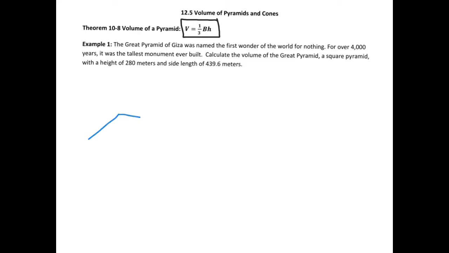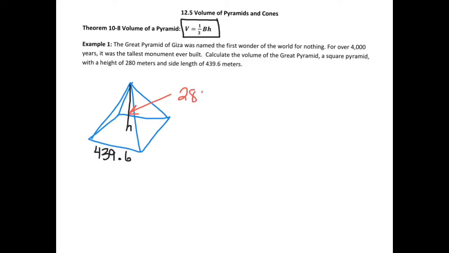I'm going to start by drawing that, a square pyramid with a height of 280 meters and a side length of 439.6 meters.